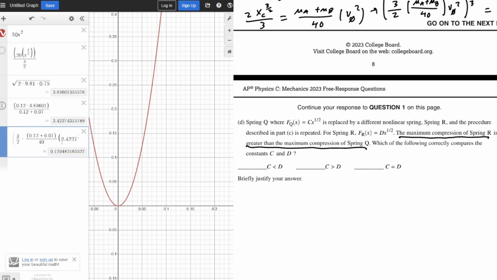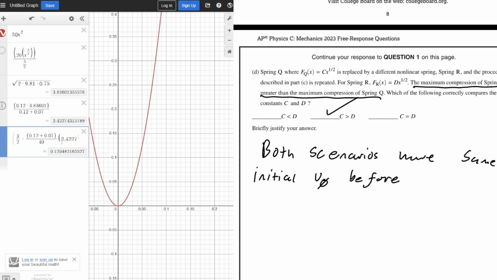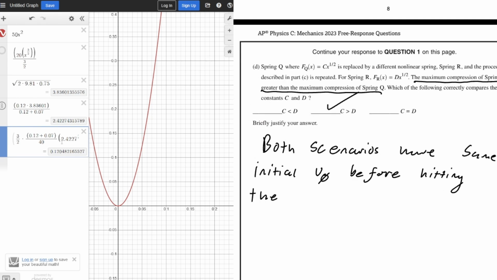And now what I'm going to say right here is that D is less than C, or C is greater than D. Now the reason for being is because both scenarios have the same initial V before hitting the springs, and hence the same initial K, kinetic energy, right?